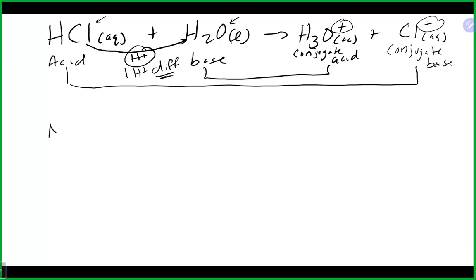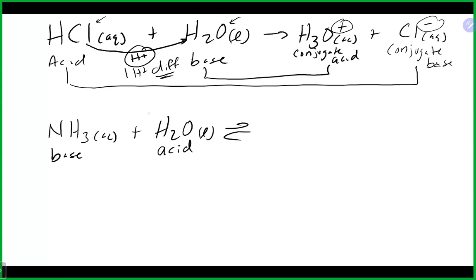Another example here, NH3 that we saw, plus some water. And in this particular case, the water is going to actually act as the acid, and the NH3 will actually act as the base. The water is going to send the H plus over to the NH3, and that's going to give one more hydrogen to the NH3 and a positive charge because it gained a hydrogen.